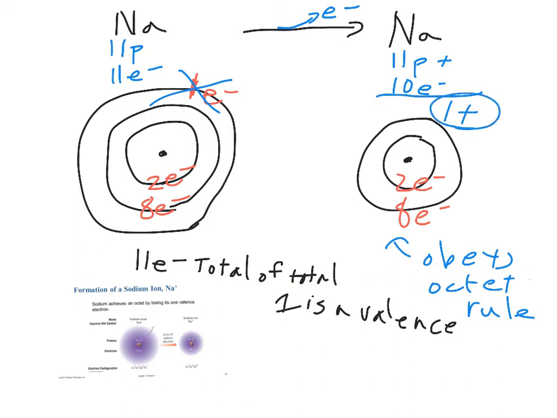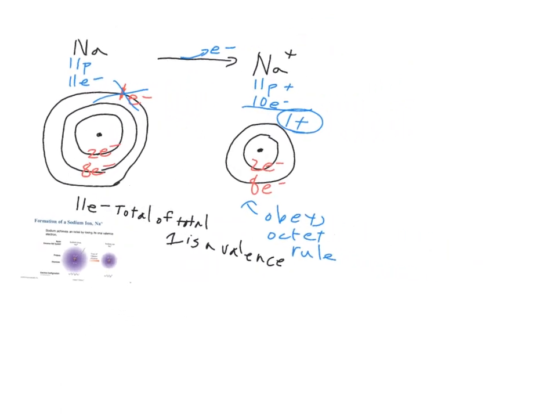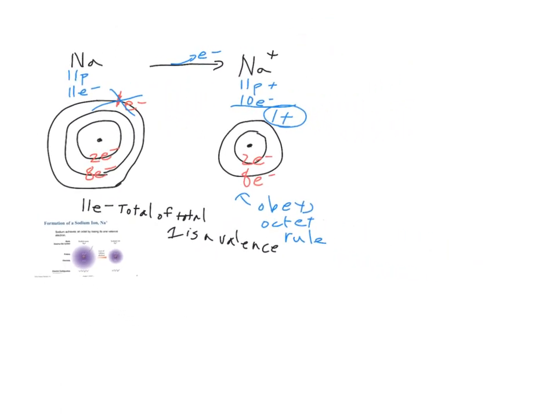In chemistry, we write charges as superscripts on the upper right-hand side. Because our sodium now has a charge, it can be referred to as an ion.